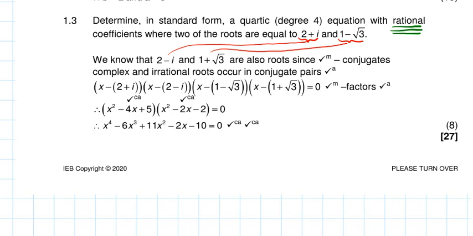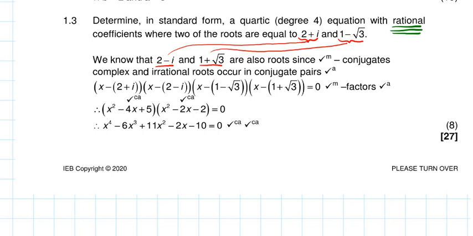So since we know the other two, we actually know 4 solutions altogether. 2 are real, 2 are complex. The 2 plus i and 2 minus i are the complex numbers, and 1 minus root 3 and 1 plus root 3 are the conjugate surd pair. The complex conjugate theorem and the conjugate surd theorem give us this condition.